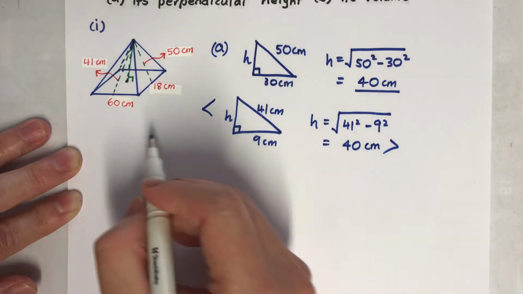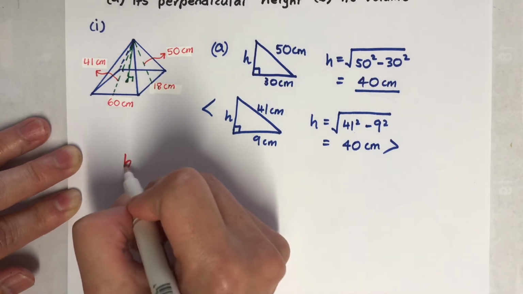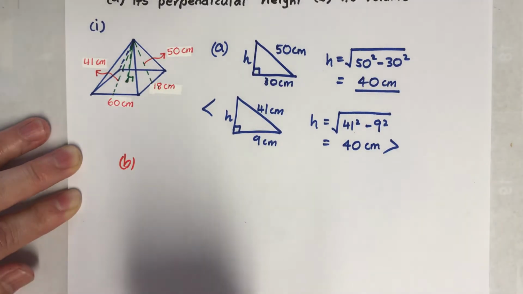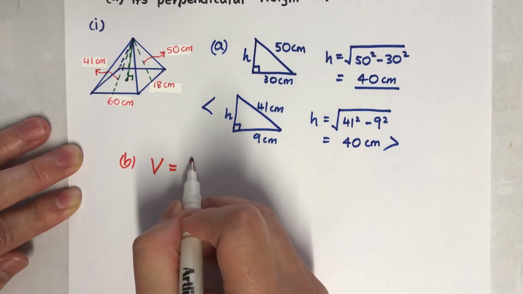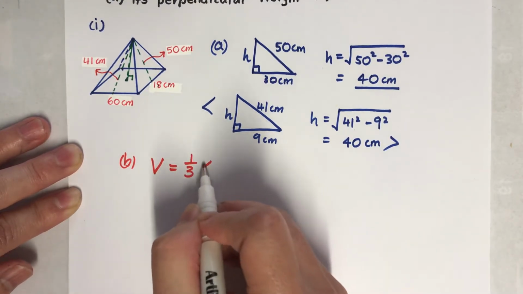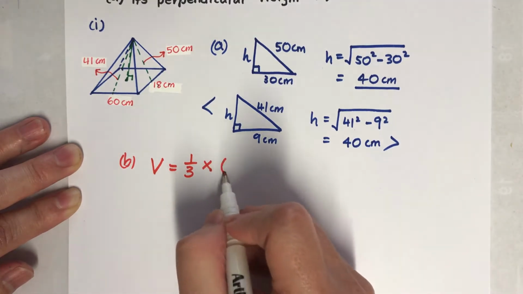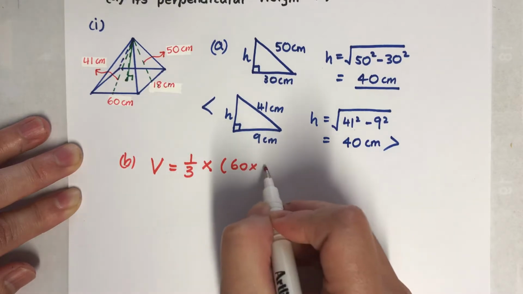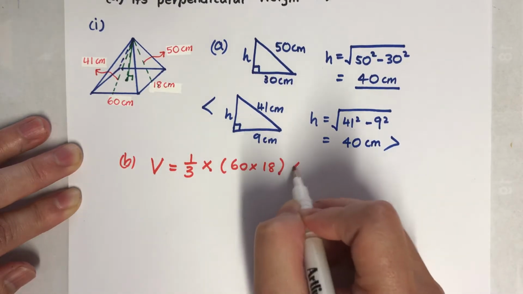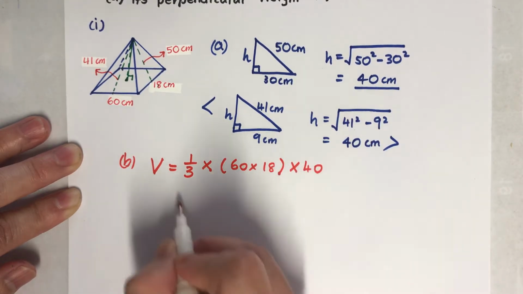Okay, now part B, I'm going to use a different color maybe. Part B, it's volume. We have to find the volume. Can you remember the formula? 1/3 times the area of the base. Luckily it's a rectangle, we just have to times the length and the width, and the perpendicular height, which is 40.